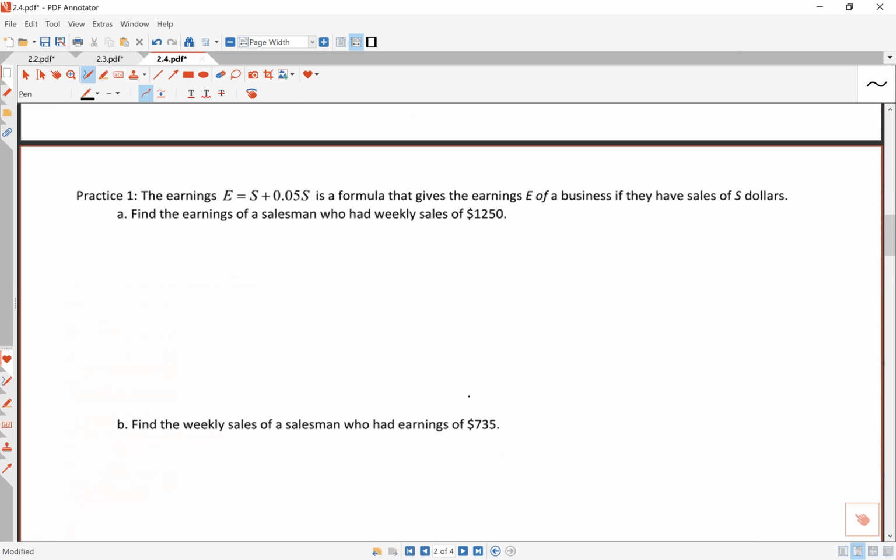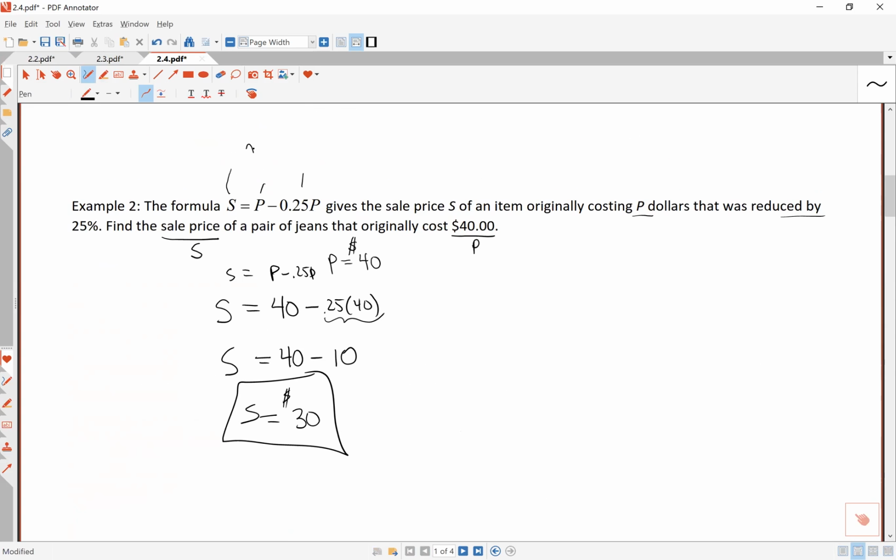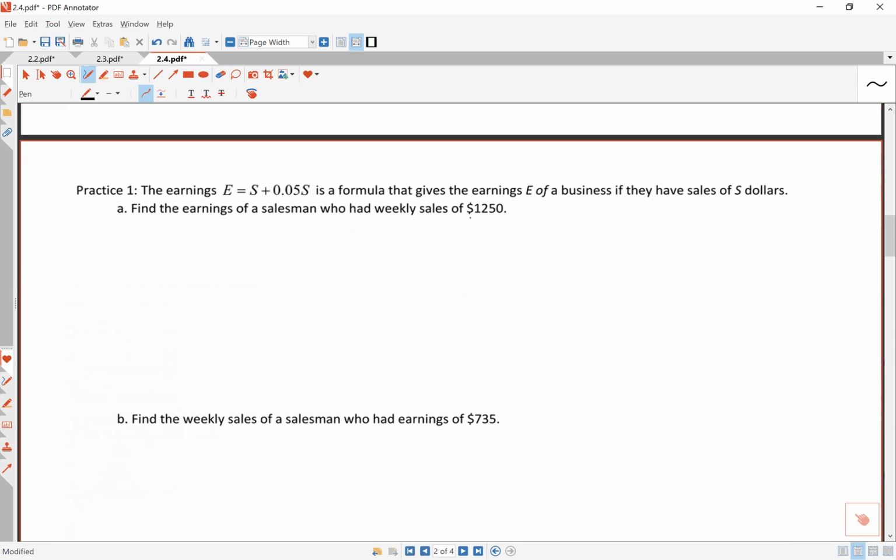This problem says the earnings. The problem that we just did is called a markdown. Because you see we're taking the price and lessening it or decreasing it or marking it down by something. And this one's a plus sign or a 5% markup.